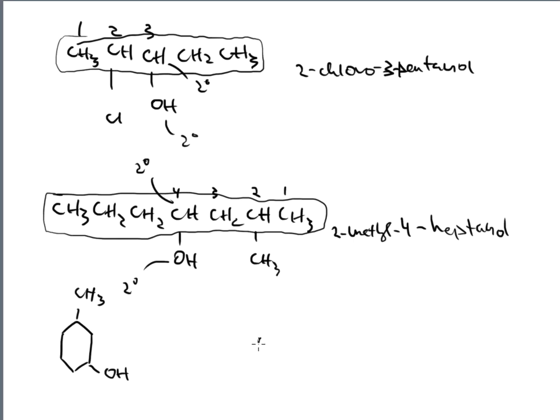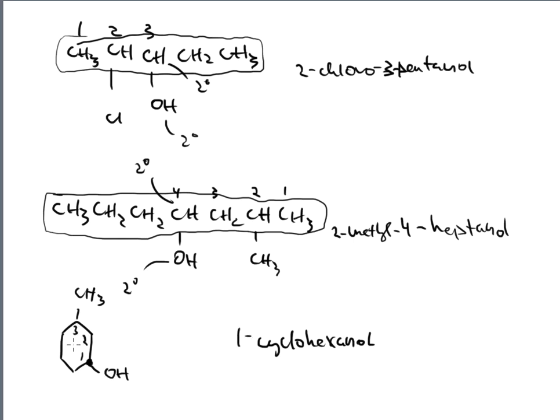All right, so the longest carbon chain is a cyclohexane, right? But I drop the E and I add OL. So cyclohexanol. Well, I need to give the OH group the lowest number because I've named it that way, so I need to give that carbon position number 1. So this is a 1-cyclohexanol.